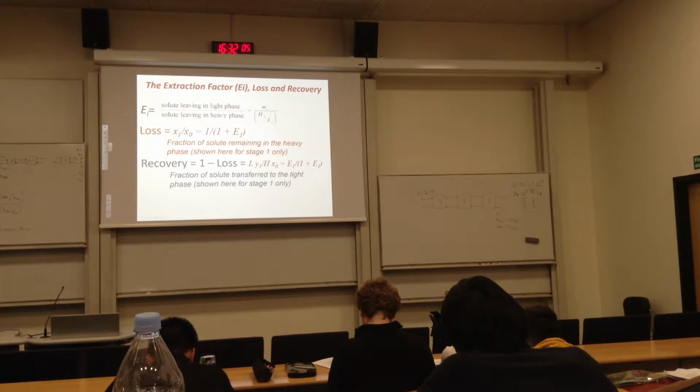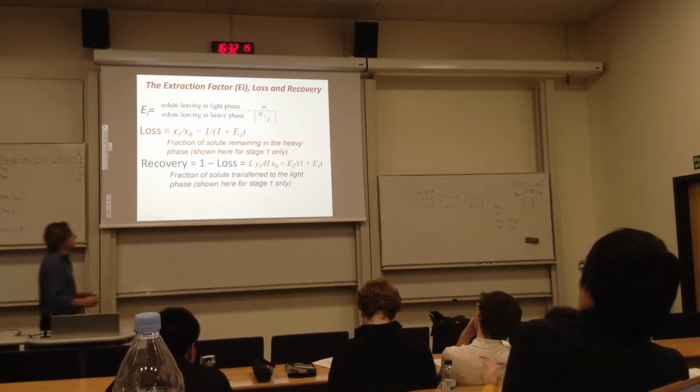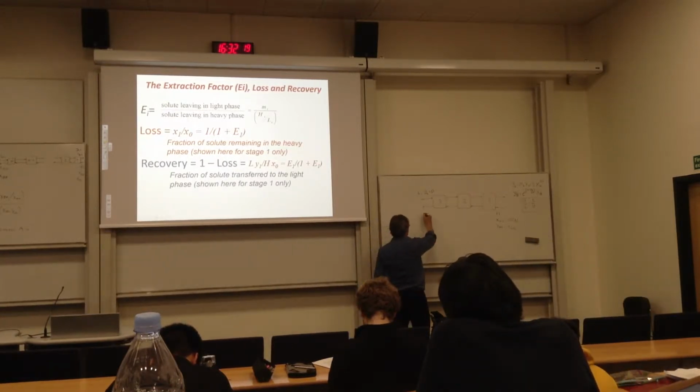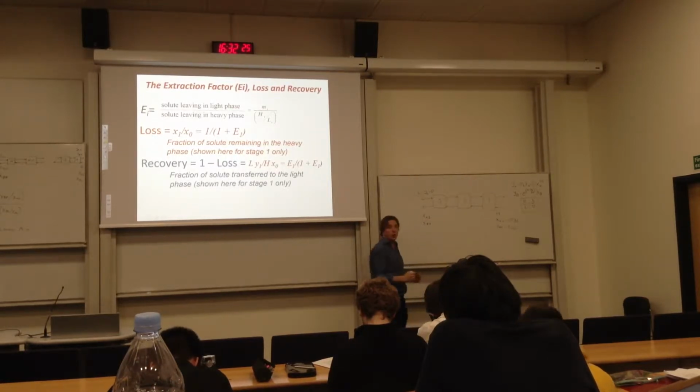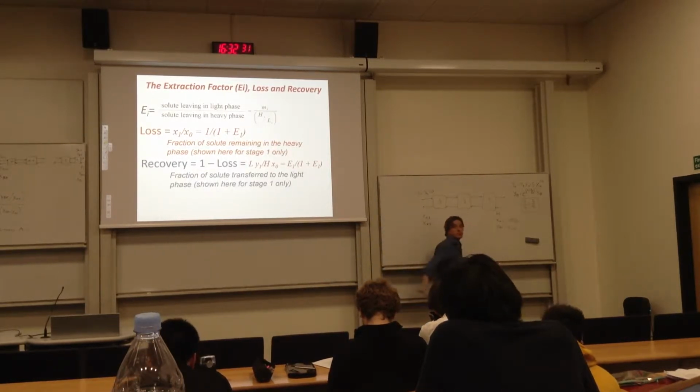Well, let's go through some definitions we've seen a while back. You remember that the loss, for one stage in this case, will be related to what we have here, XA3, XB3. So the loss of A would be XA3 divided by XA0. That's the loss, that's what was not extracted.